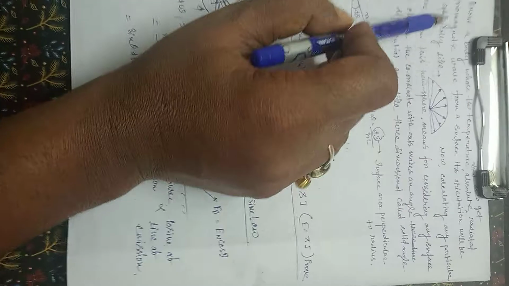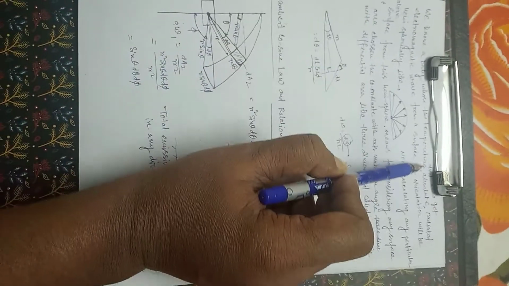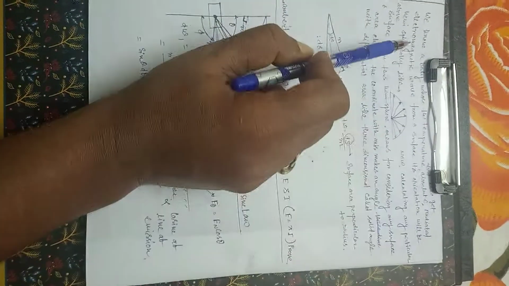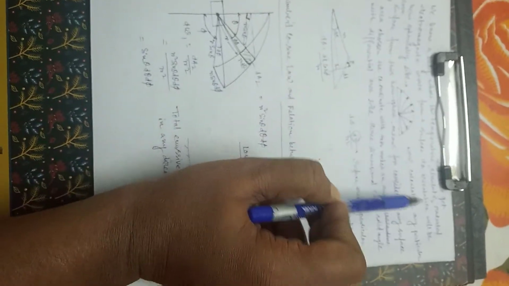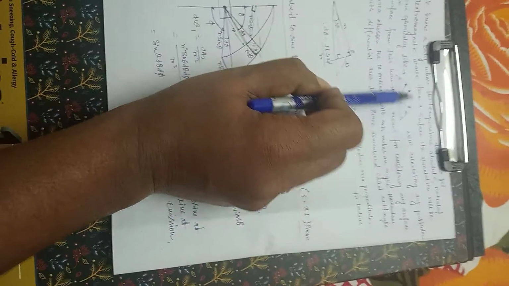Okay, so here we can write, we know a body whose temperature is above absolute zero radiates electromagnetic waves from a surface, and its orientation will be hemispherical like this.